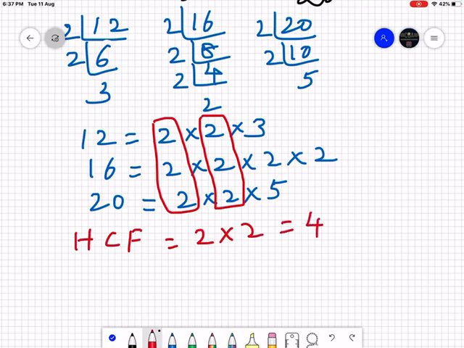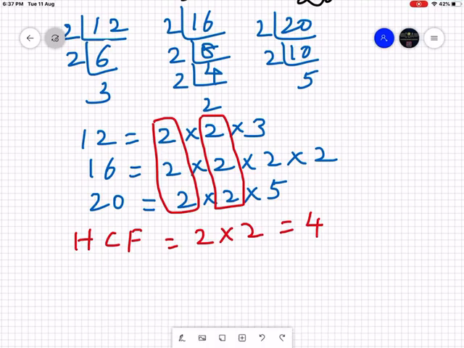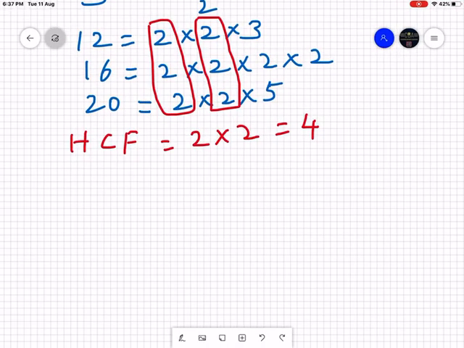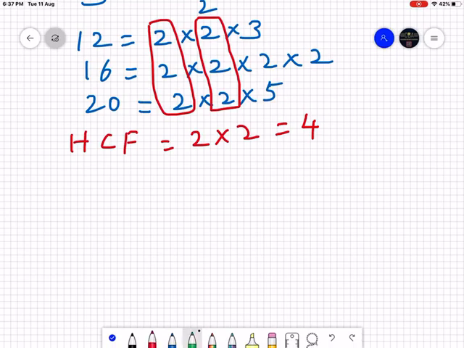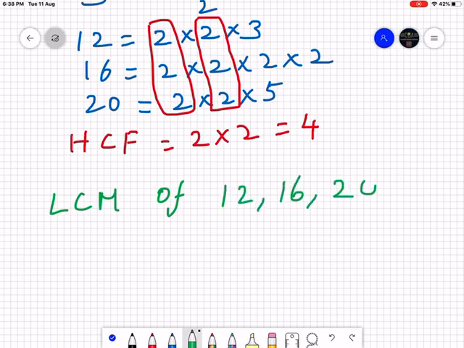Correct? Now we will find the LCM of the same numbers. What are the numbers that we are working on? 12, 16 and 20. Now I will use the same prime factorization that I used for HCF. Will that change here? It will not change, because up to this step it is going to be the same.